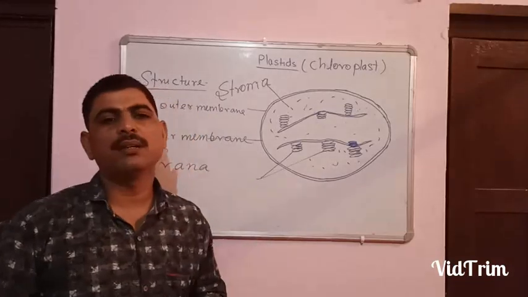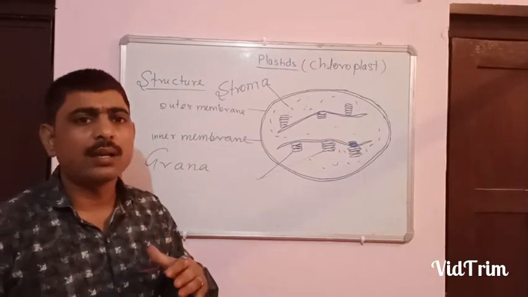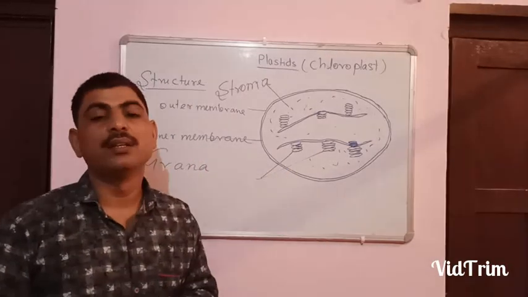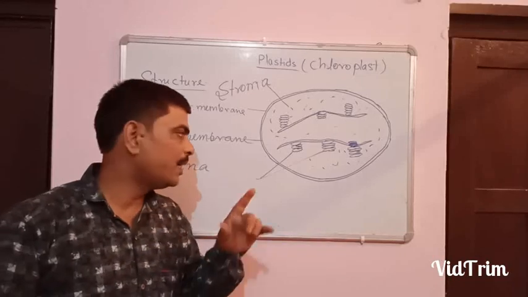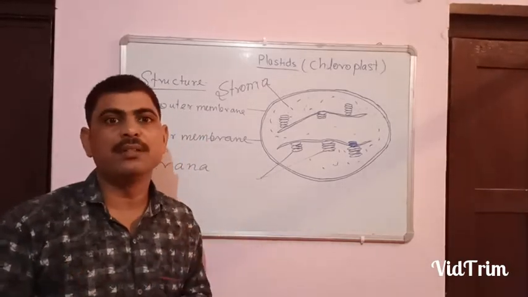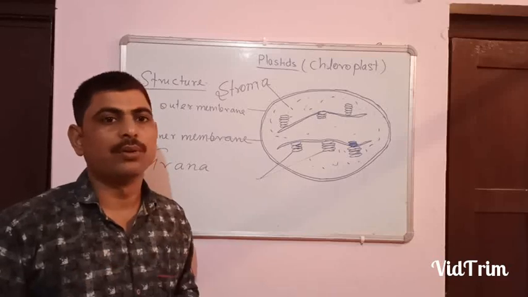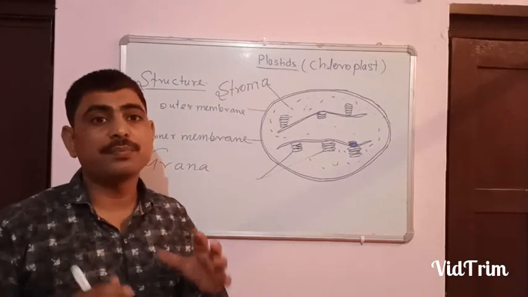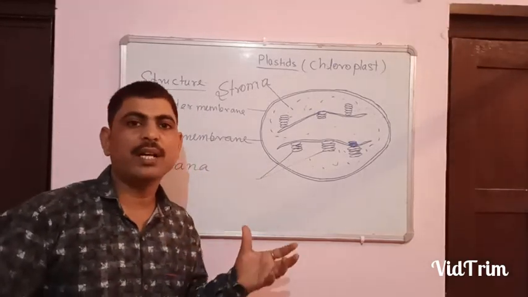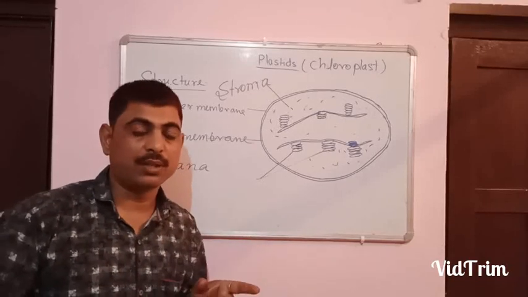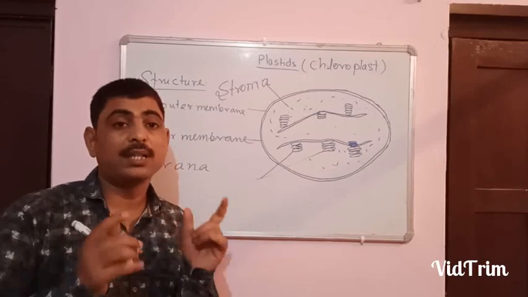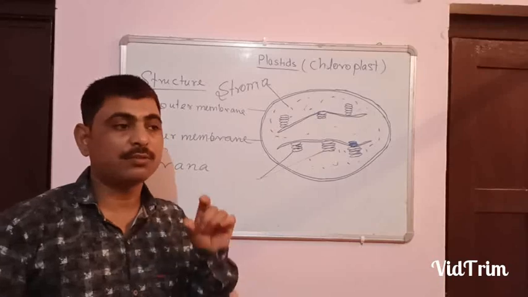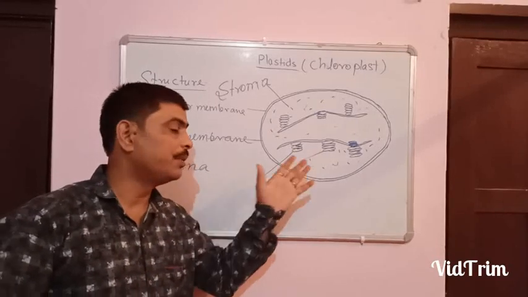The outer membrane is smooth and highly permeable for smaller molecules, but the inner membrane is selectively permeable and carries carrier proteins to control the passage of molecules. The inner space is filled with a colorless granular matrix, like the mitochondria. Mitochondria are also bounded by a double membrane and filled with a matrix. Likewise, the chloroplast is bounded by a double layer membrane and filled with a matrix.